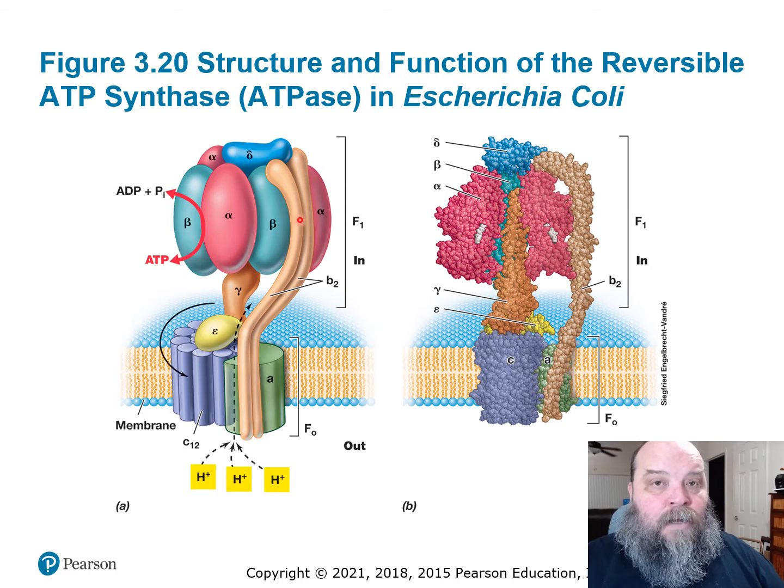The mechanical energy, the spinning, then joins two molecules together in a high energy state, chemical energy. Flow of hydrogens causes mechanical energy transforms to chemical energy. All because of excited electrons.